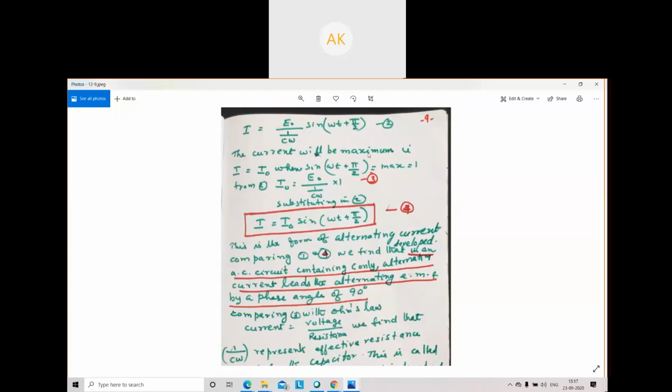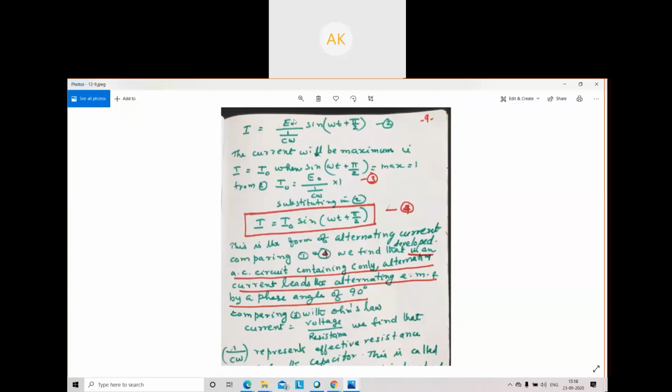The current will be maximum, that is I will be equal to the maximum value I0, when this function sin of omega t plus pi by 2 takes the maximum value. What is the maximum value of sin? 1 is the maximum value of sin. So when this factor takes its maximum value, we get the peak value of current.